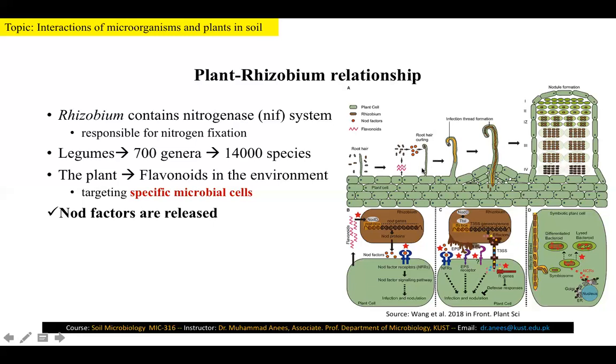So node factors are produced, and these node factors are sensed by the plant roots, and as a result the infection thread is formed. Infection thread basically is a kind of insertion of microorganism inside the plant roots or root hairs.